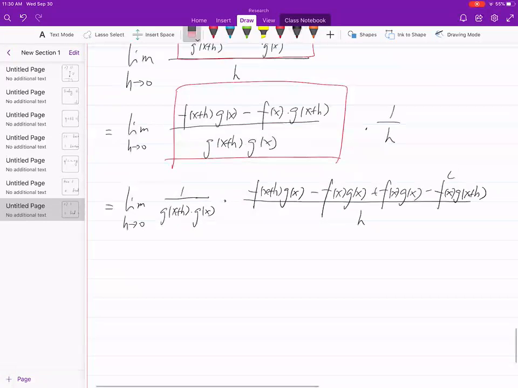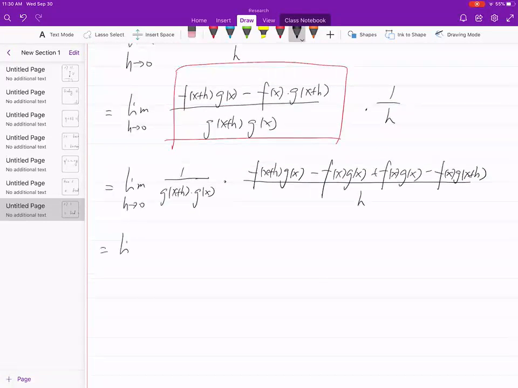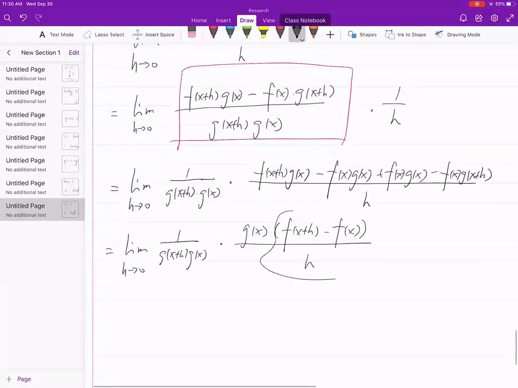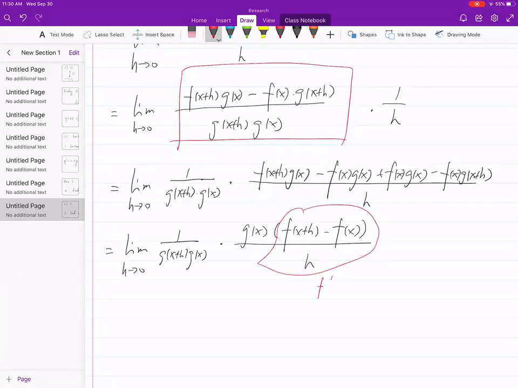But now, what you should observe is the same trick again. First part, g(x), f(x plus h) minus f(x), h. That's the old trick. Here comes f prime. Okay. Splitting here.